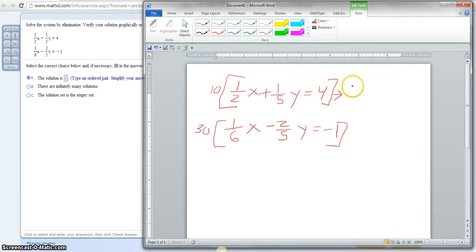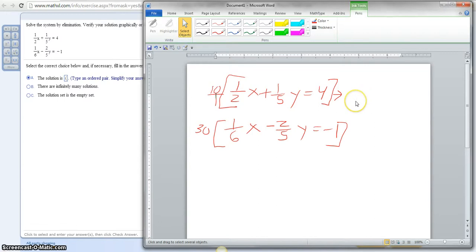10 times 1/2 x will give us 5x. We could put this as 10 over 1, times 1 over 2, which gives 10 over 2. Better yet, let me make a change here.